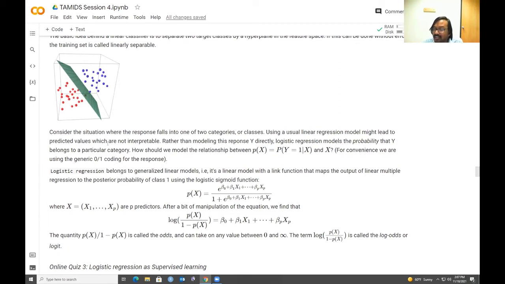So we are looking at a function of the original response variable. This is why logistic regression belongs to the generalized linear models. Generalized because we are not working with the raw response variable. We are working with a function of the response variable. This function is called a link function that maps the output to a probability.